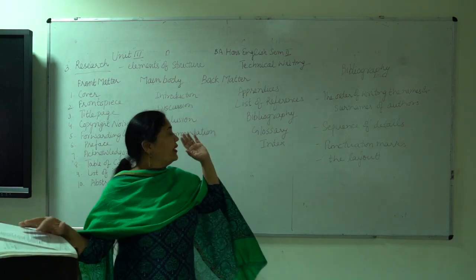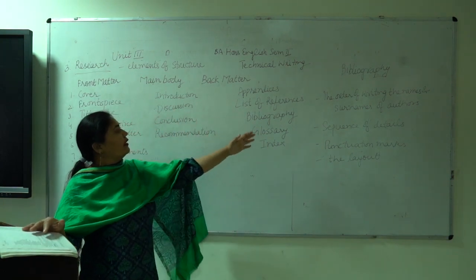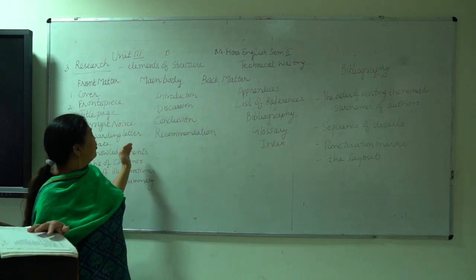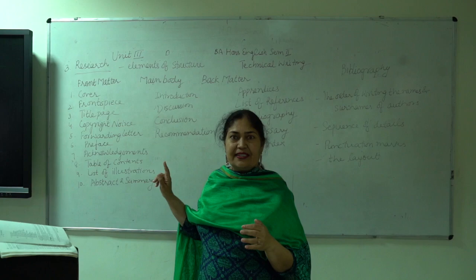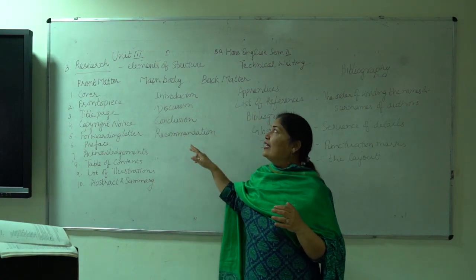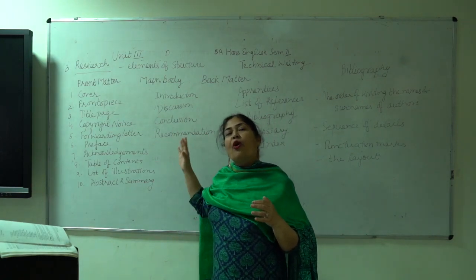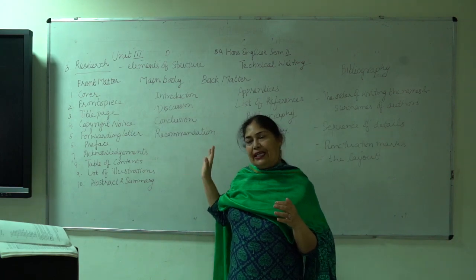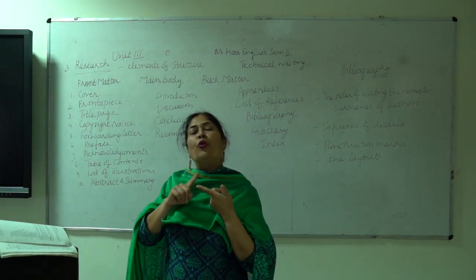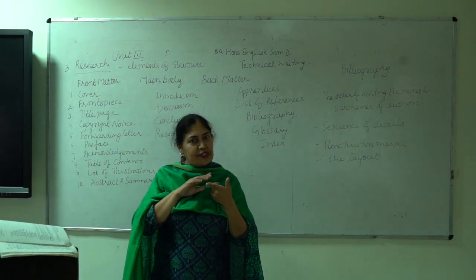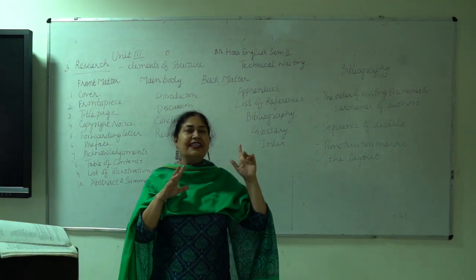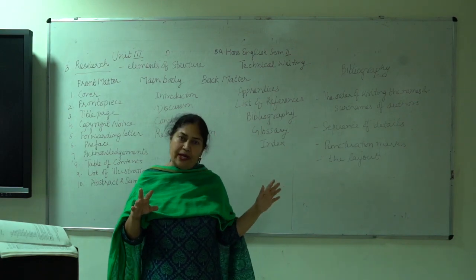You have to write 2-3 sentences under each head. This is very important since it is going to help you always in your life. We are left with only one topic in Unit 3. The rest of the things we have done, and this is what research is all about. Thank you.